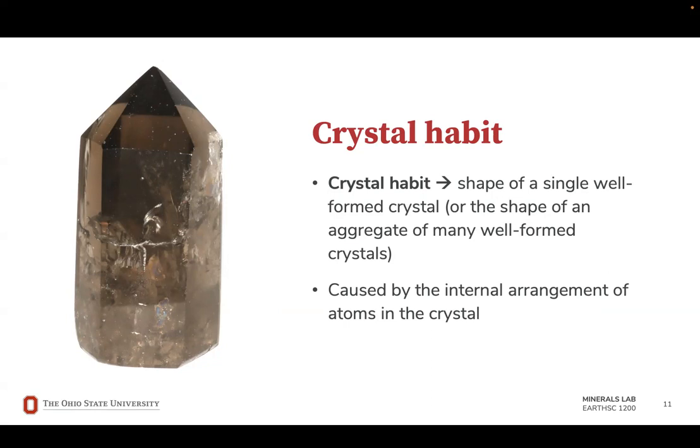If a mineral grows in an unrestricted environment, or where it does not need to compete for space, it obtains a crystal form or a crystal habit. The shape of minerals with crystal form reflects the internal structure of the crystal lattice. Minerals with crystal form have many flat sides called crystal faces.